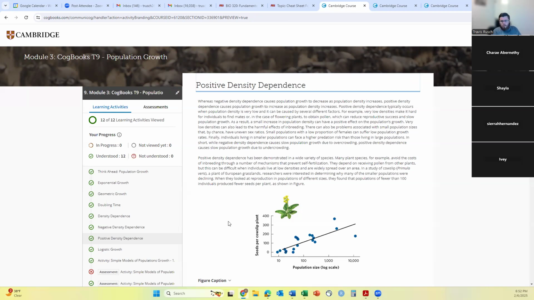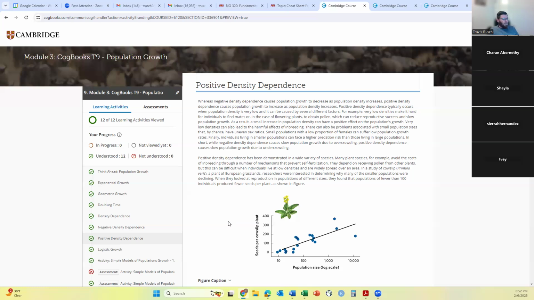When a population density is low. Yeah, and why would it be a positive growth when it's low? It's something we've already talked about. Because there's more available resources.